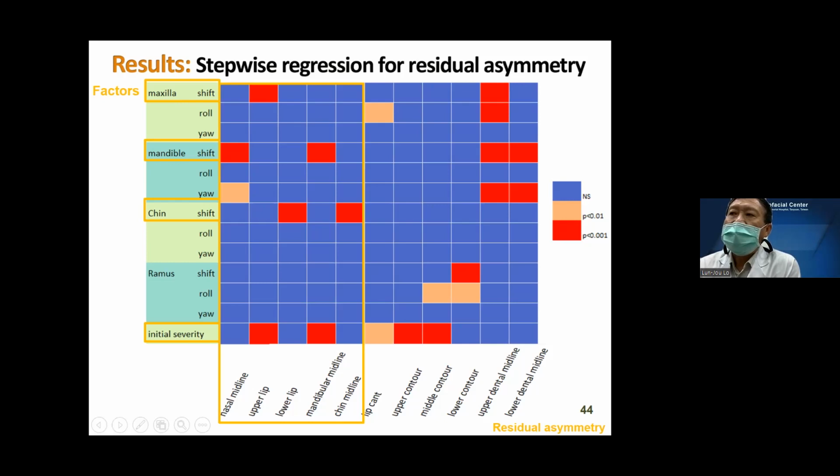But I believe the surgeon should be responsible for the final chin, whether with or without genioplasty. And if I do genioplasty, what kind of genioplasty would I like to do? Shortening, lengthening, shifting, narrowing. There are many kinds of chin operation that we can perform.